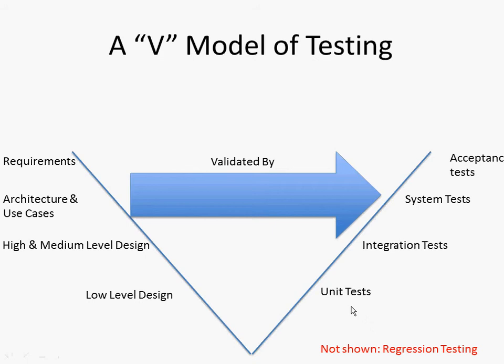So requirements, for example, are traditionally validated by acceptance tests. And in some industries, like in the pharmaceutical industry or highly regulated industries, you'll find a whole cottage industry of people whose job in life is to perform acceptance tests. So they come in as third parties into companies, and they will validate software written by someone else against the requirements, against what's needed.